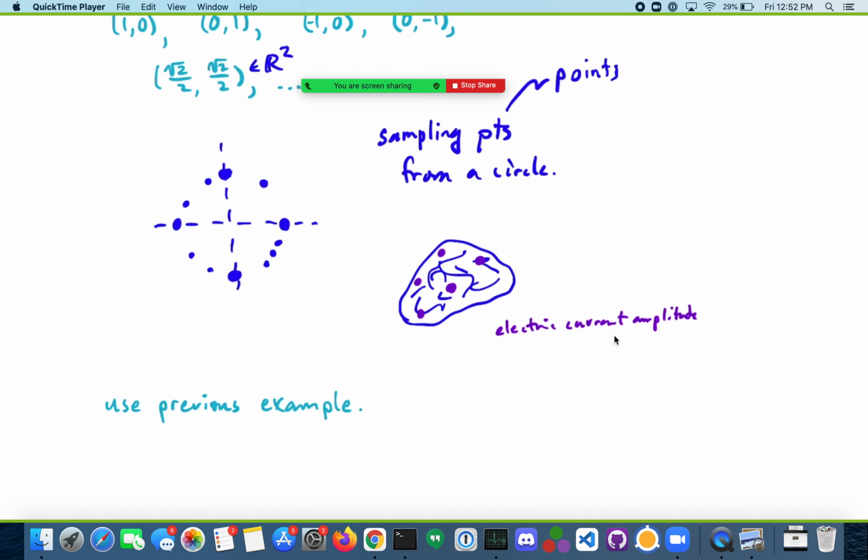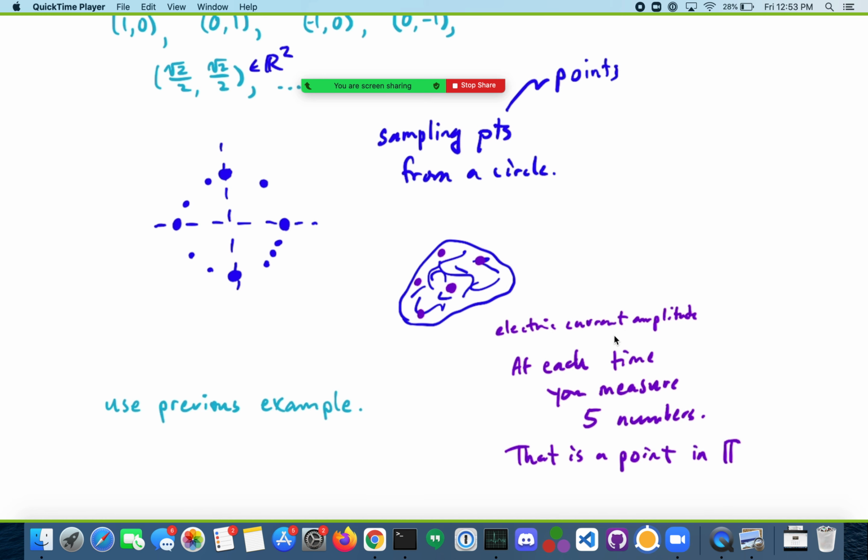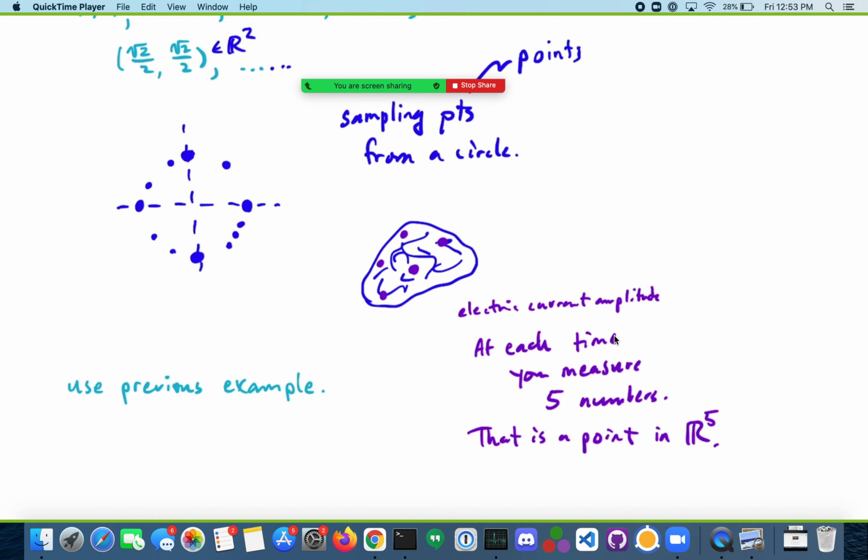Well then, at each time you measure 5 numbers, because you had 5 electrodes, 1, 2, 3, 4, 5. That is a point in 5-dimensional space. And so you're sampling points, and those points probably are not just randomly sampled from R5. They might lie on a geometric object, like these points lie on a circle.